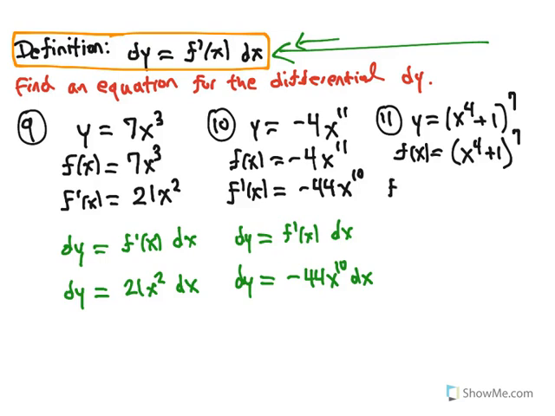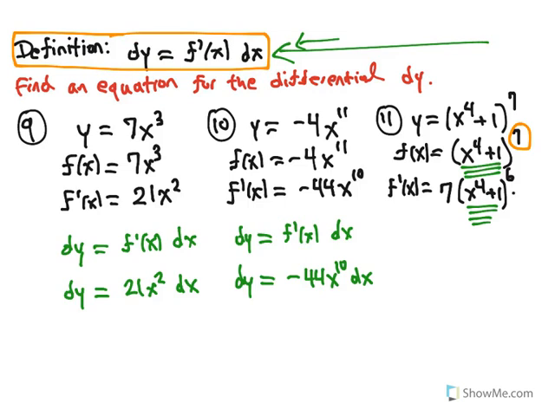So now we have f prime of x. You can find f prime of x by using the chain rule. Our inside function is x to the fourth plus 1, and our outside function is raising to the seventh. So f prime of x would be 7 times x to the fourth plus 1 to the sixth, multiplied by the derivative of the inside function with respect to x, and the derivative of the inside function with respect to x is going to be 4x cubed.